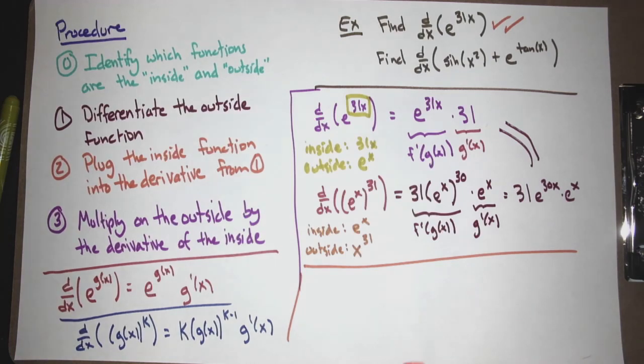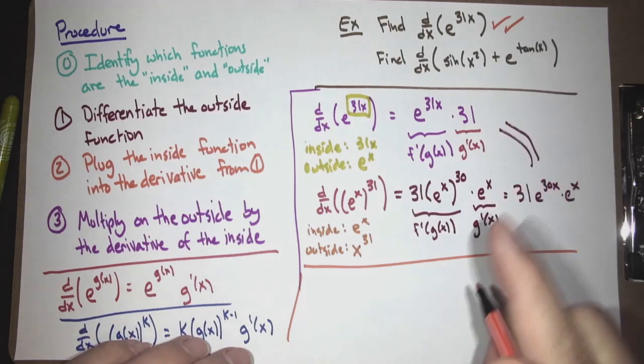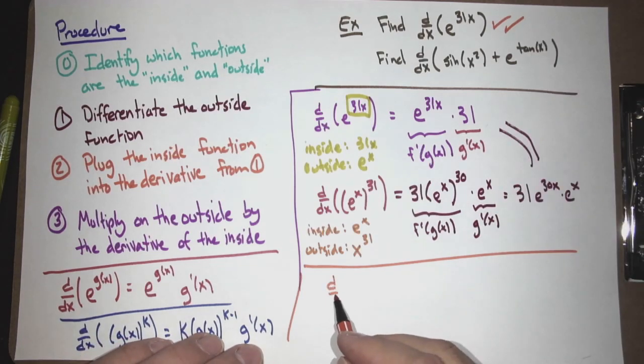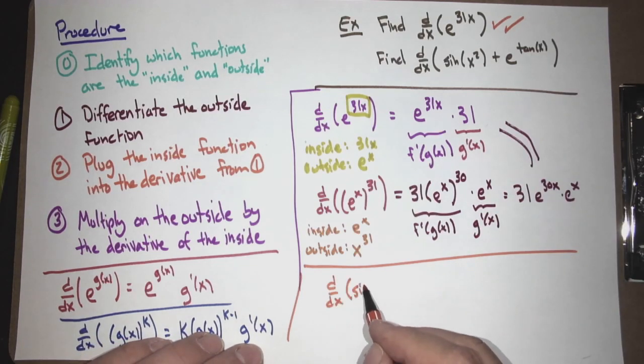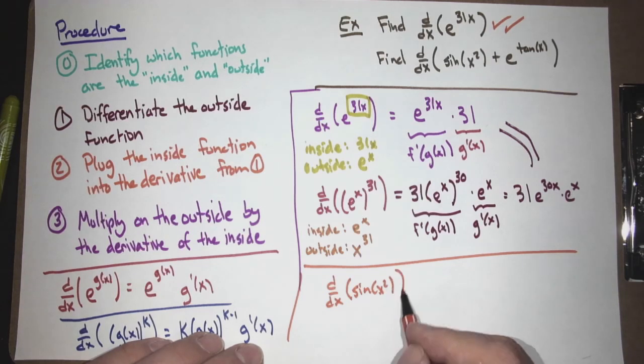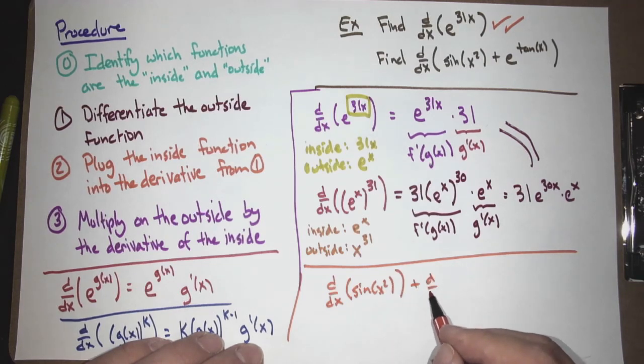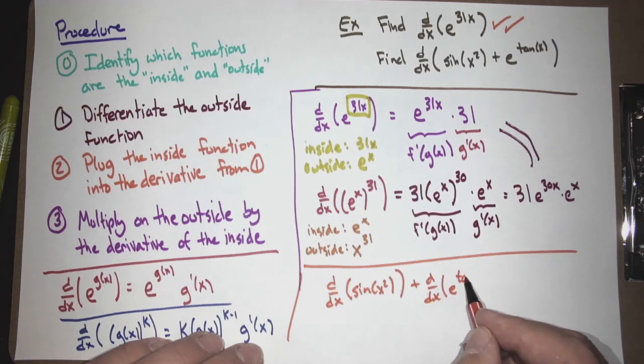Well, notice the plus. What does that allow us to do with derivative? You can split the derivative into parts. So when you see addition on the inside, upstairs, that means, hey, you can really think of it as two smaller pieces. Sine of x squared and e to the tangent of x.